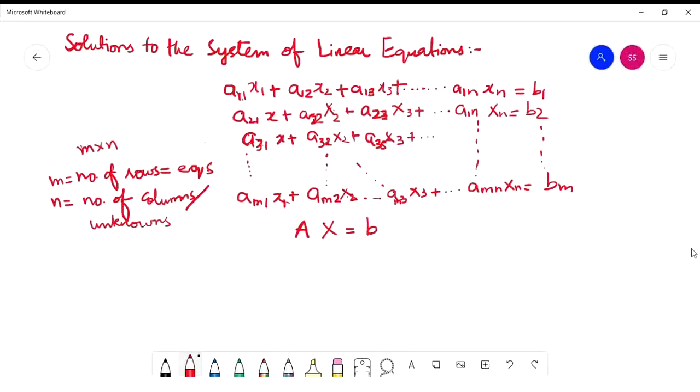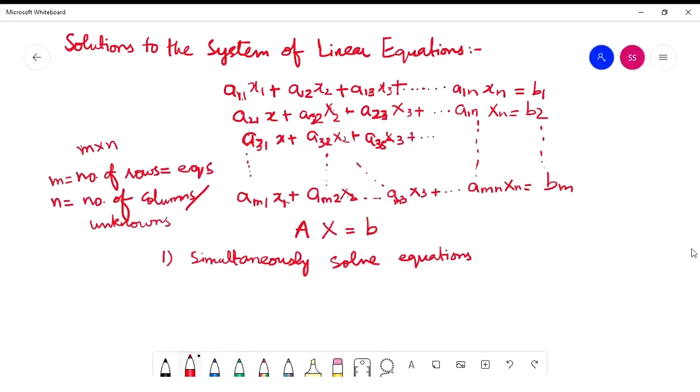So this is the standard or matrix standardized form, and I solve it by using various methods. The first method is a very simple method: you simultaneously solve the equations to get the values of the variables.